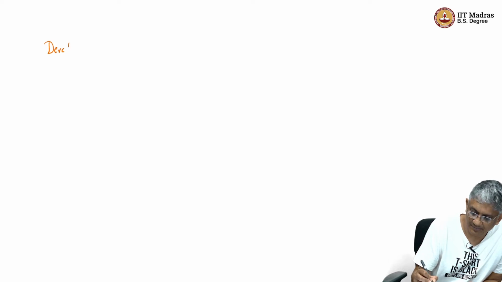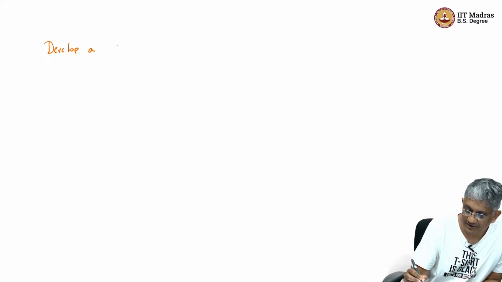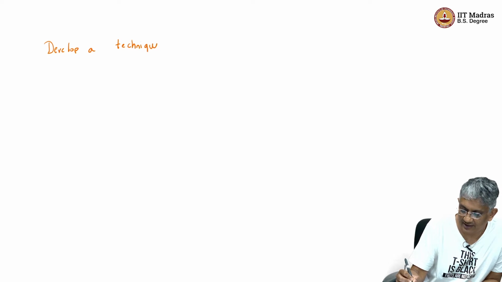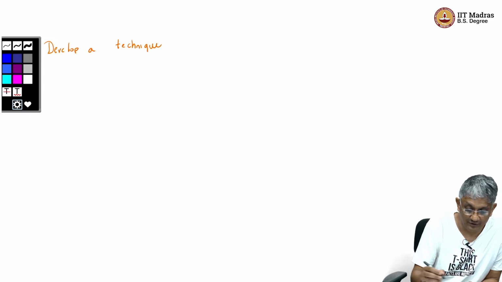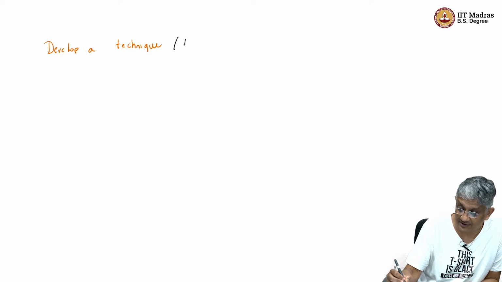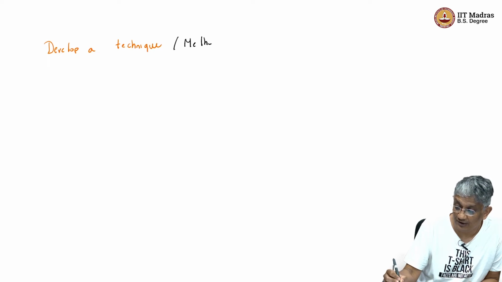So now let's go on to the first exercise in linear models. What I want to do in this lecture is to develop a methodology, more than a technique. Let's just call it a particular method. Of course, it's not statistical. It's just what you would ideally do.